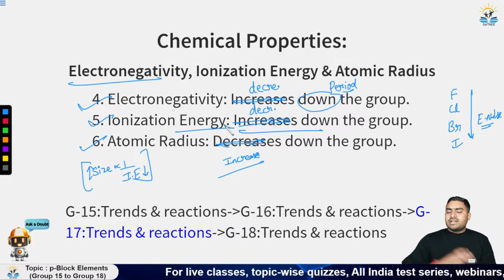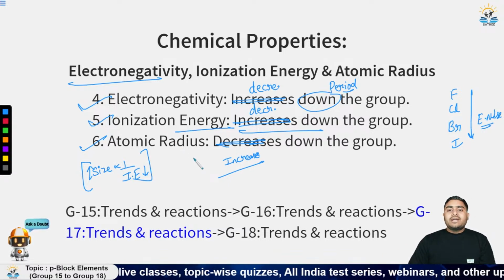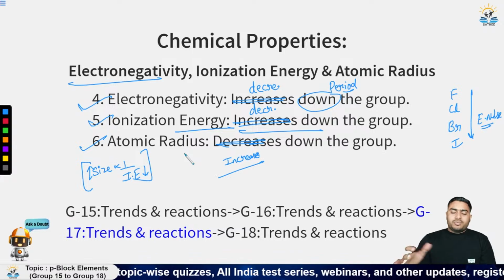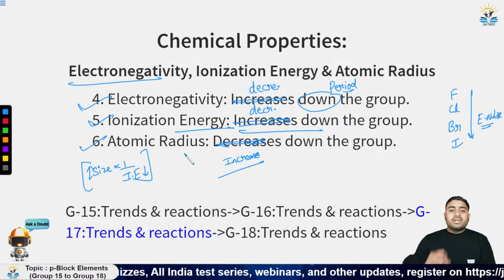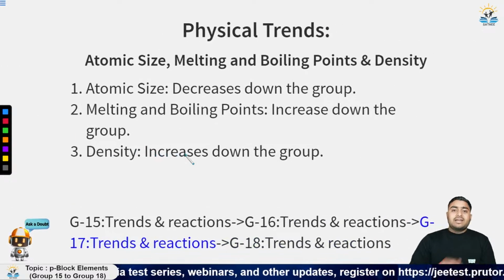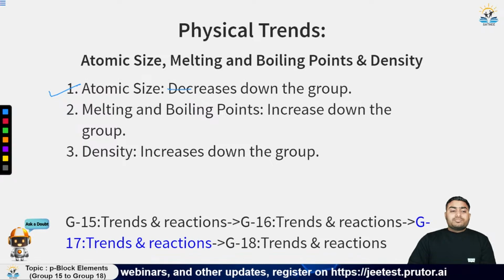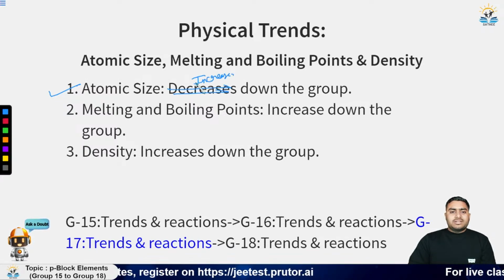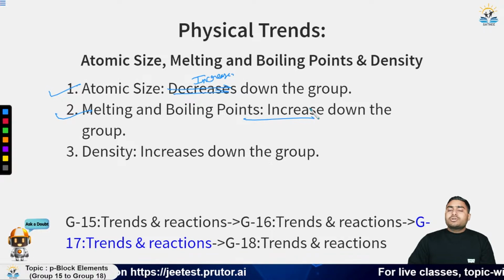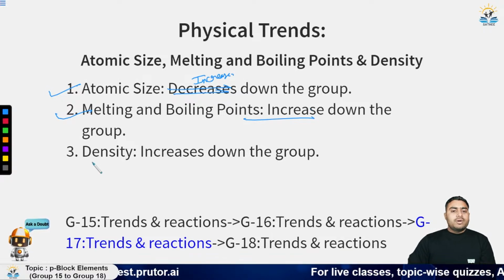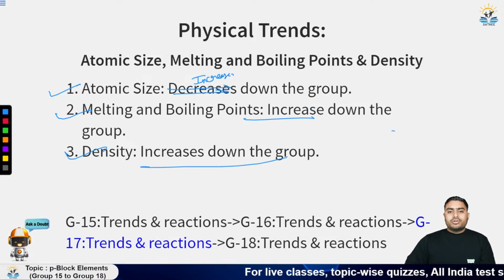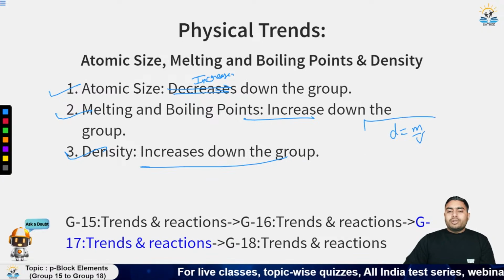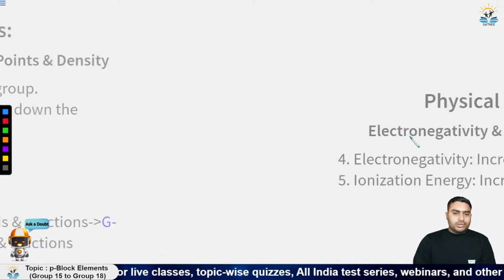Ionization energy increases left to right across a period. Atomic radii decrease across a period left to right, but top to bottom atomic radius increases. Similarly, atomic size increases top to bottom in a particular group. Melting and boiling point also increase down the group, and density increases down the group, because density formula is mass by volume. If mass increases, density also increases.